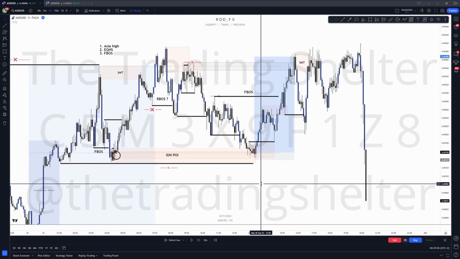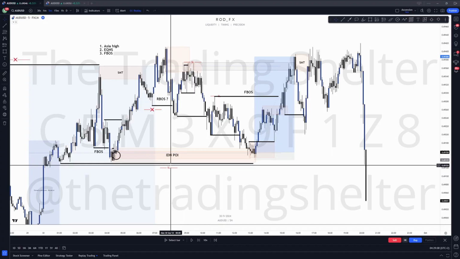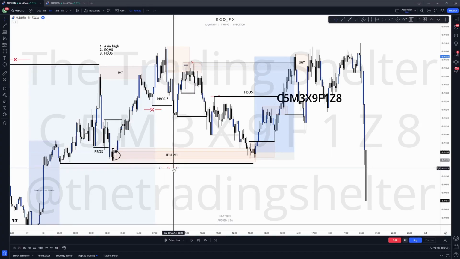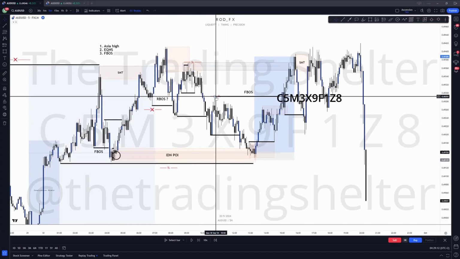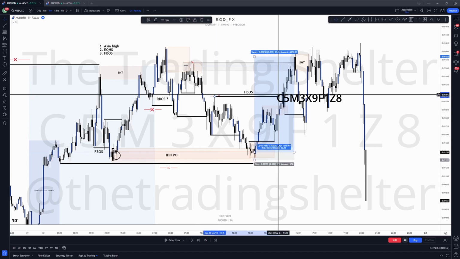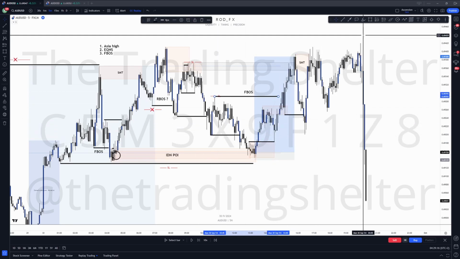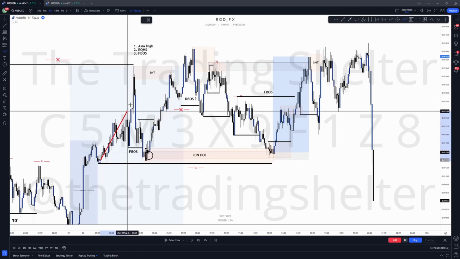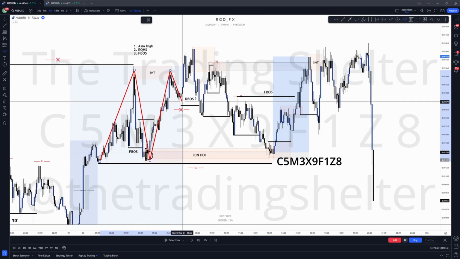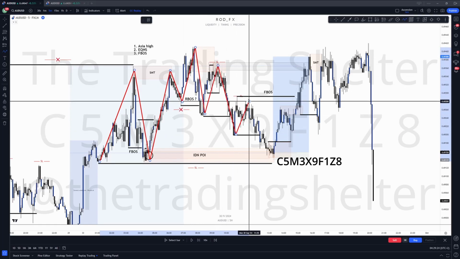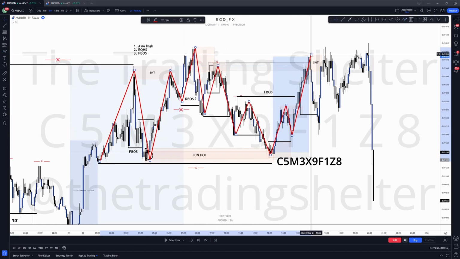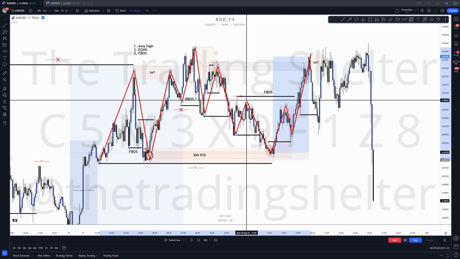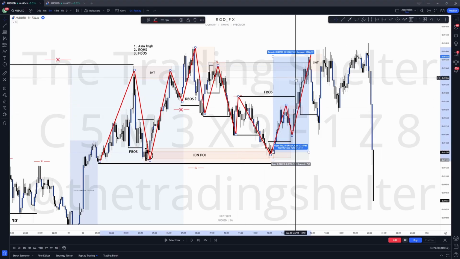Our intention of the day really got solidified when we had this structure high, right? This is structure. Market here, boom, boom, boom. Structural high.